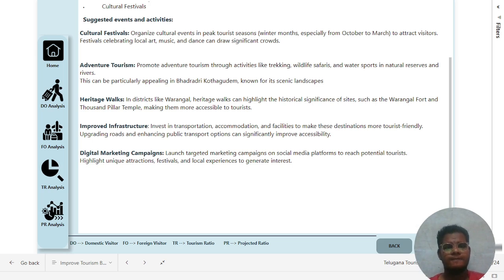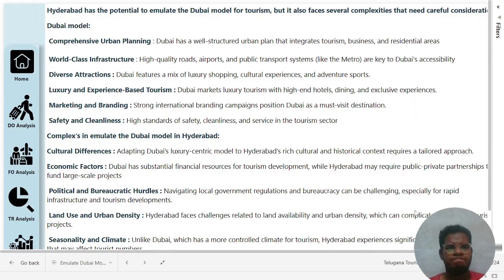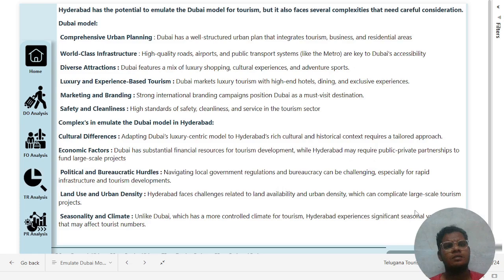And then next, here we discuss that Hyderabad has the potential to emulate the Dubai model of tourism, but there are also several complexities and a need for careful consideration. Well, let's look at the Dubai model. Comprehensive urban planning: Dubai has a well-structured urban plan that integrates tourism, business, and residential areas.